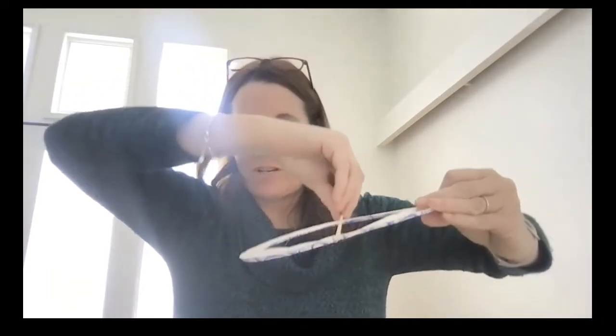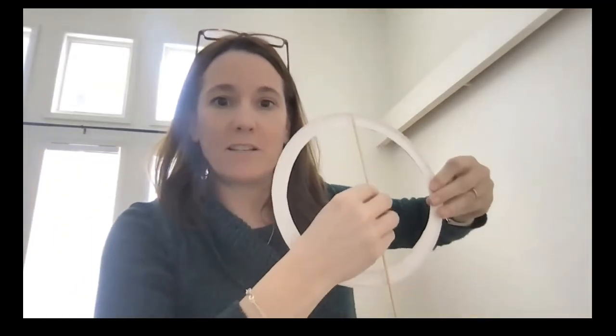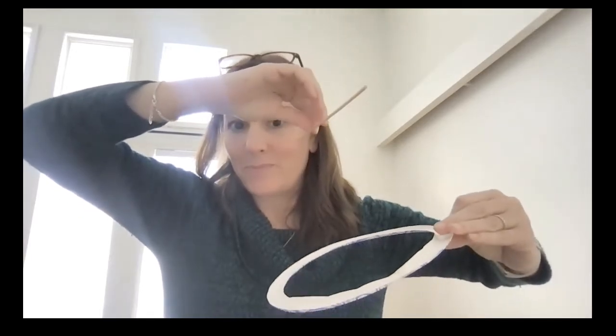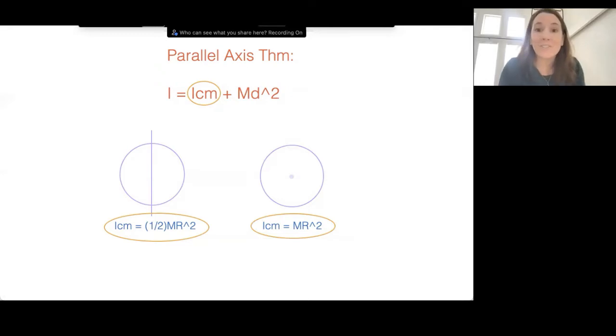It's kind of going like that, right? So it's oscillating around this pivot here, and I want to lower it down, and I see that it is actually parallel to that axis here. So this axis that crosses it like that is what it is parallel to. Okay, so that takes care of what you would use for the first term in each of these.